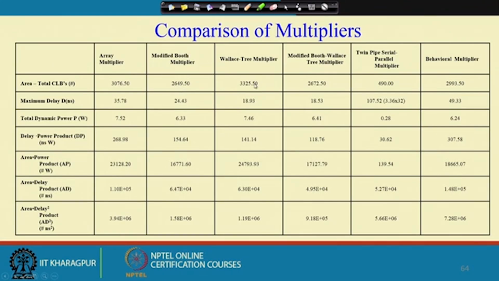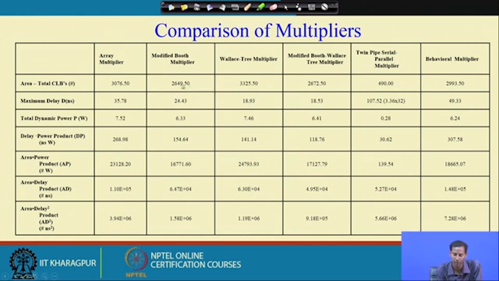In the Wallace tree, the addition operation is fast, so the delay is reduced compared to Booth's. While hybridizing these two architectures, I get the benefit of area as well as the benefit of delay, which I get in the hybrid multiplier, Booth's plus Wallace tree. So 2672 is just a minimal increase from 2649, and here 18.93 versus 18.53 is just a minimal increase in delay too. So I am getting one optimized circuit if I use the hybrid architecture.